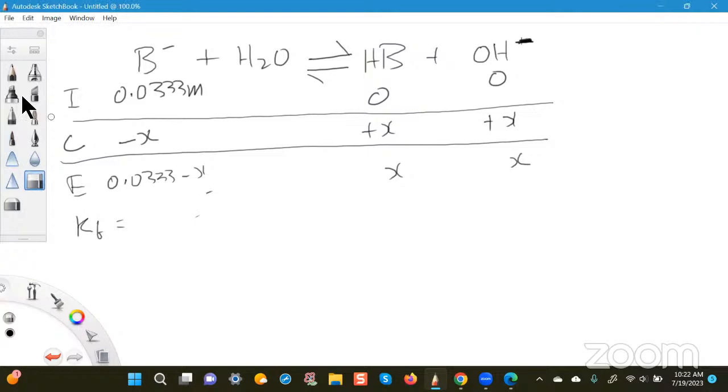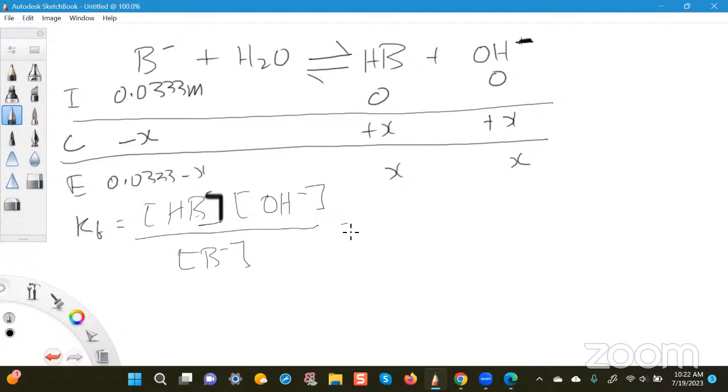The KB expression is going to be the concentration of HB times the concentration of OH minus, all divided by the concentration of B minus.